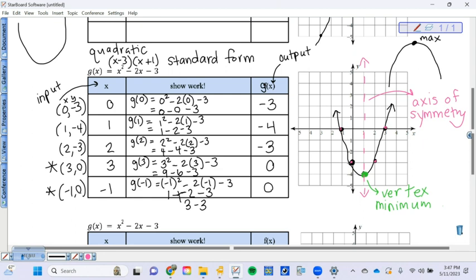Okay, so I'm going to hand back your packets from yesterday. These packets were out of 30 points.